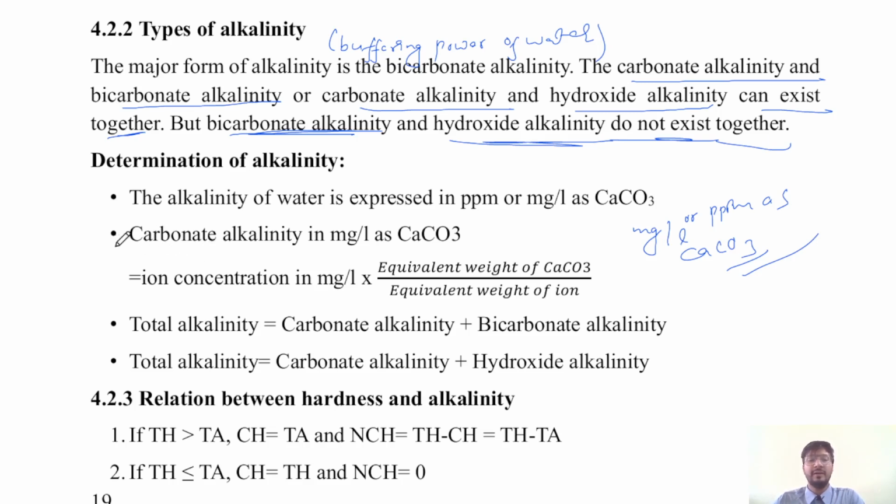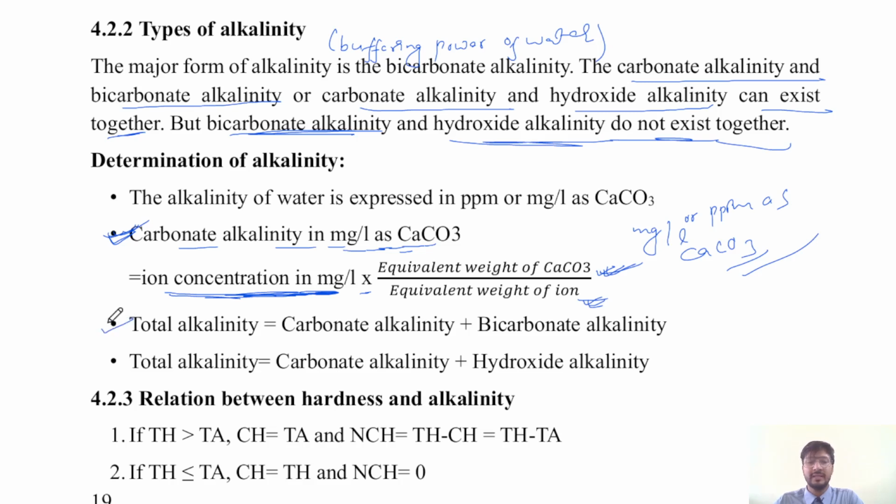The formula for carbonate alkalinity in milligram per liter as CaCO3 is equal to ion concentration in milligram per liter times equivalent weight of CaCO3 divided by equivalent weight of ion. Once again, carbonate alkalinity in milligram per liter as CaCO3 is equal to ion concentration in milligram per liter times equivalent weight of CaCO3 divided by equivalent weight of ion.